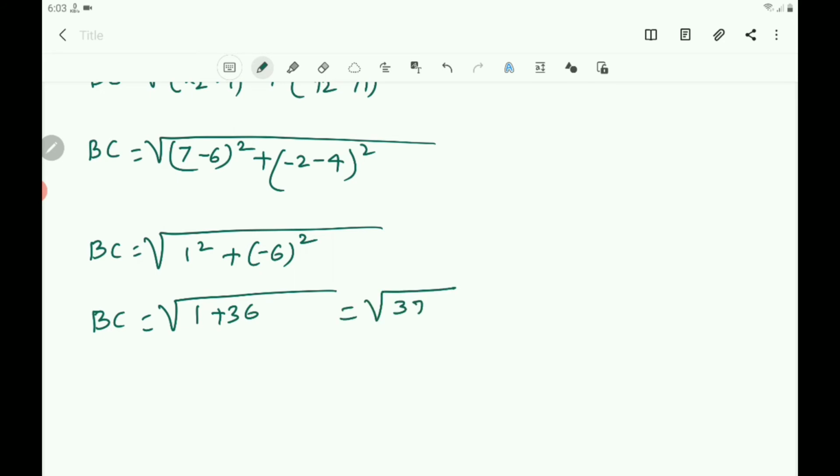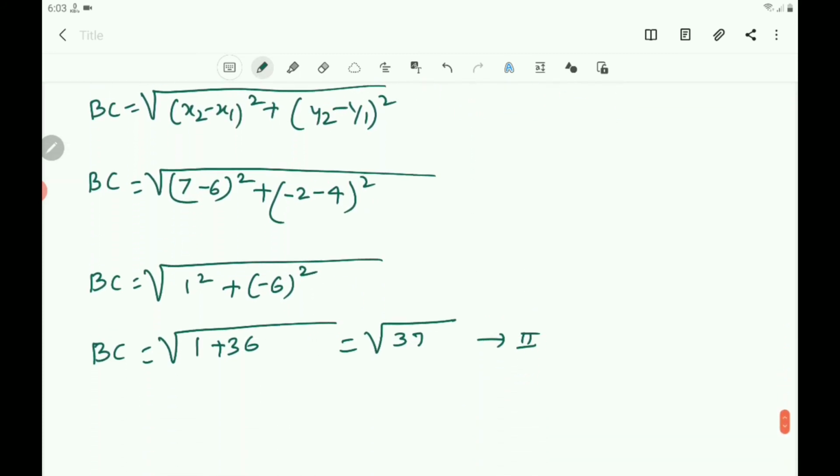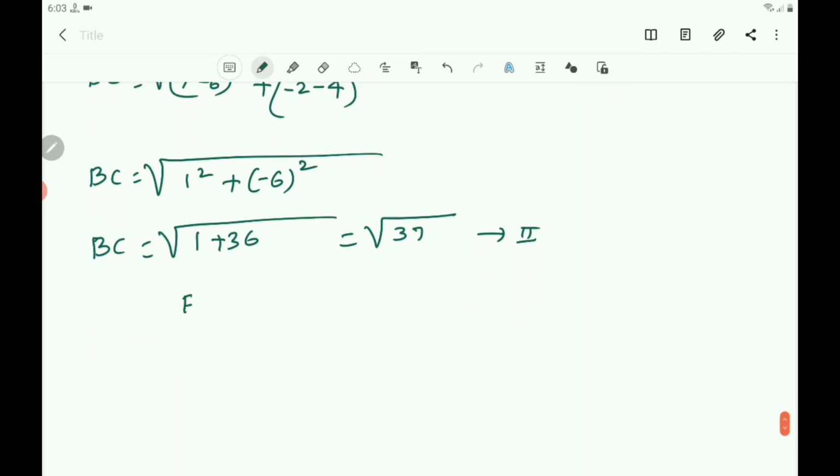Here only you can conclude two sides are equal. So you can write that from first and second. No necessity to find the third one. From first and second, AB equals BC.